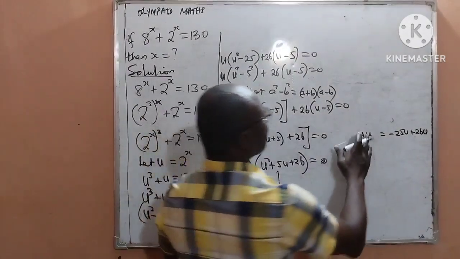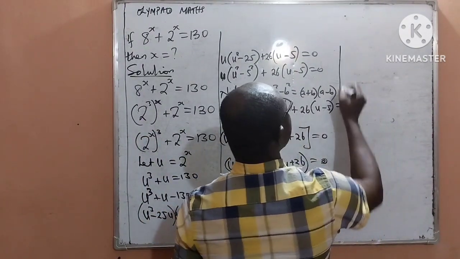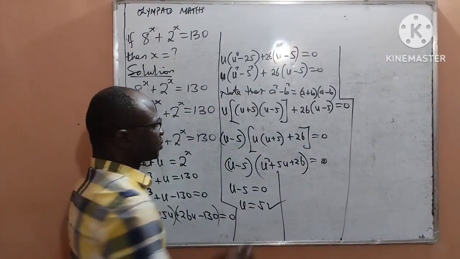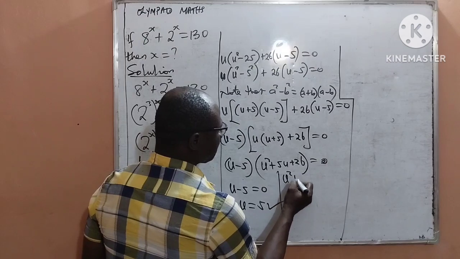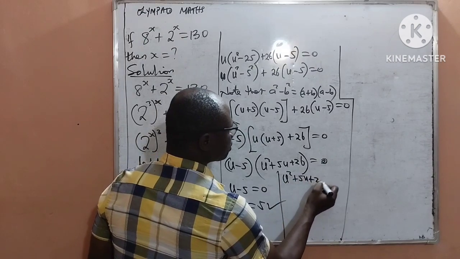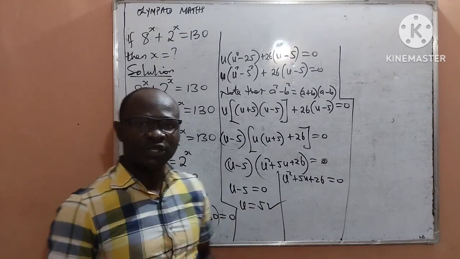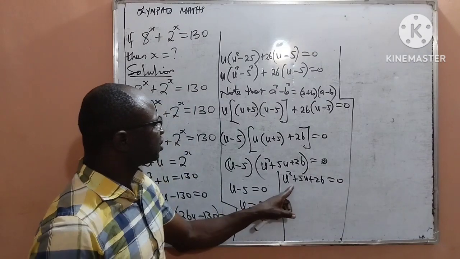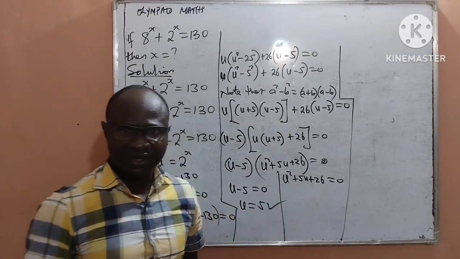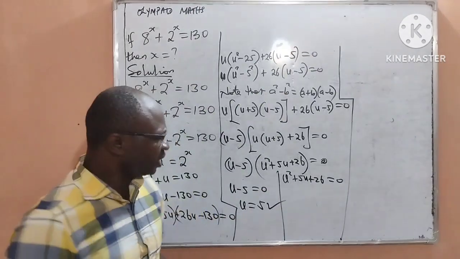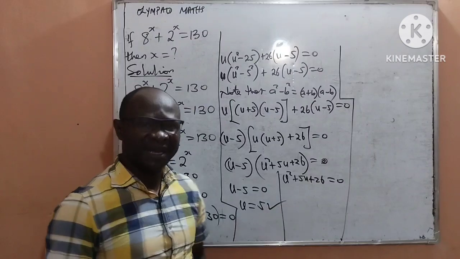Alright. Moving forward, what we are going to do next is to come to the second bracket and also equate it to 0. That means u squared plus 5u plus 26 is equal to 0. But here, we first want to find out if it is going to give us real solutions. The condition to know this is the discriminant.